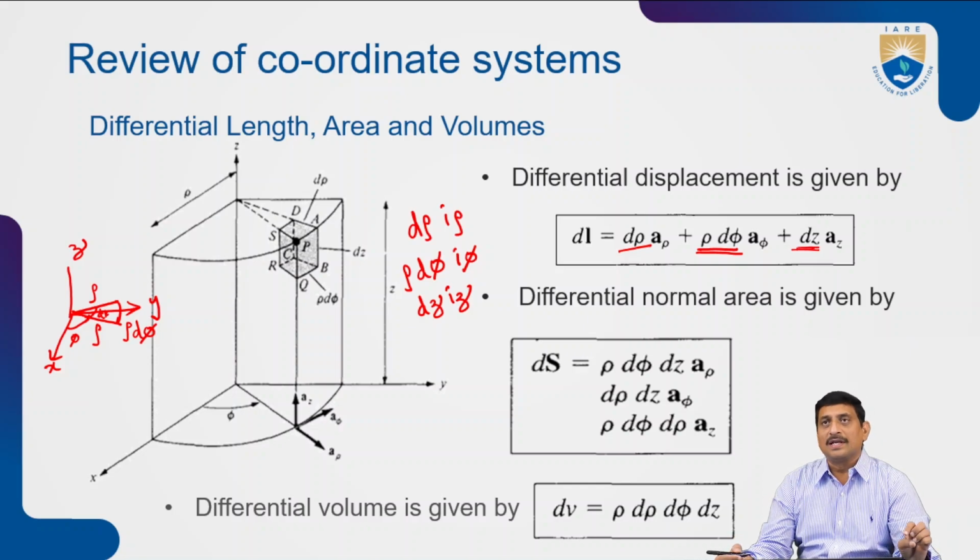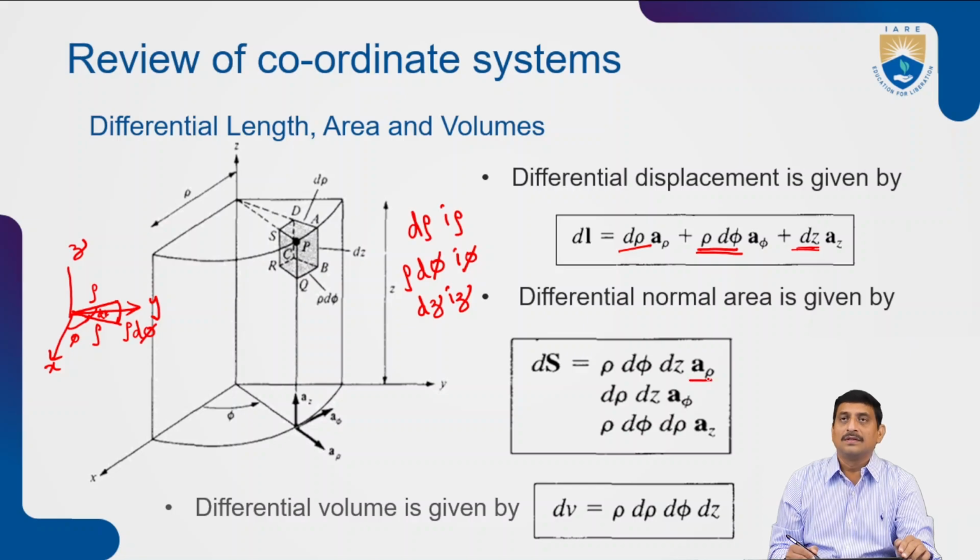Coming to the normal areas, if I take the rho direction, there is an incremental length in the phi direction as well as the z direction. In the phi direction the incremental length is rho d phi, whereas in the z direction it is dz. So the normal area for the phi-z plane, where rho is constant, is rho d phi dz a_rho. Similarly for the a_phi direction, rho and z are increased, by d rho and dz.